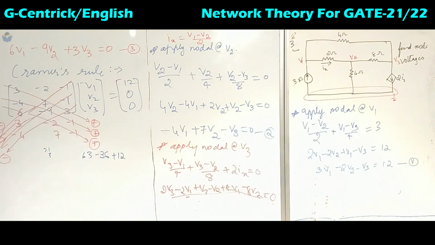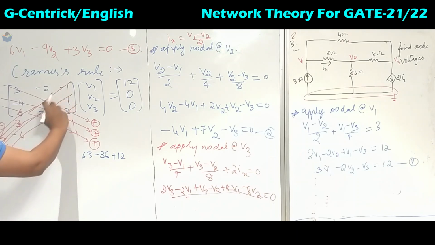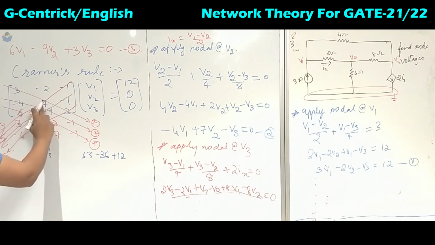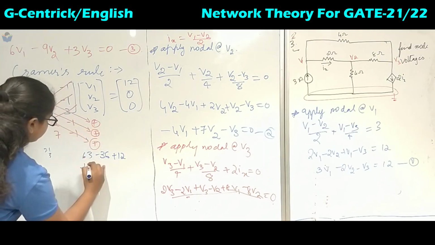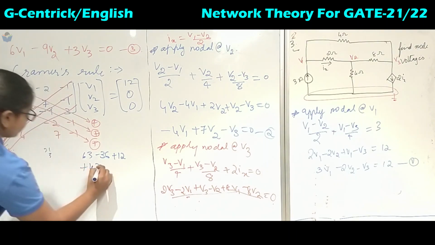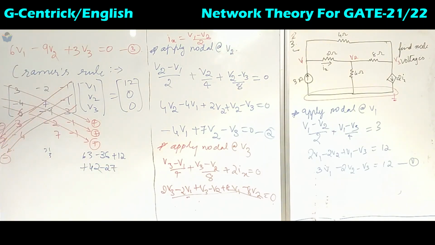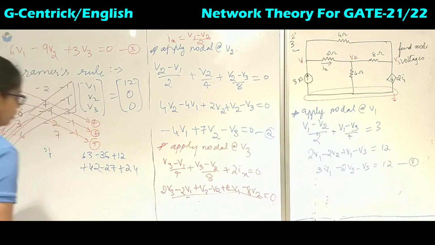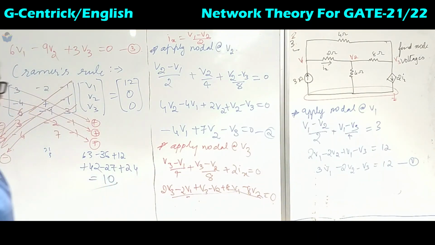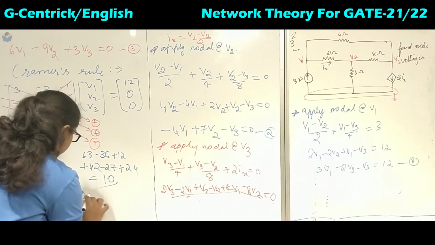Next coming this way, minus 7 into 6, 6 sevens are 42, minus 42, then plus 42, minus 1 into 9 is 9, 9 threes are 27, so this is minus 27, and we have got 3 into minus 2 is 6, 6 into 4 is 24, and it will be plus 24. So this answer comes out to be 10. So when you solve it, the determinant will be 10.